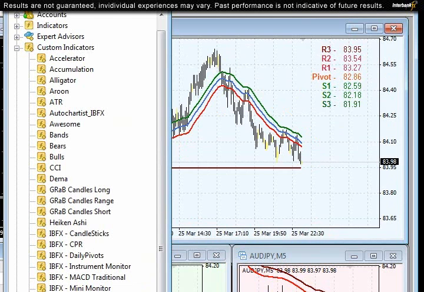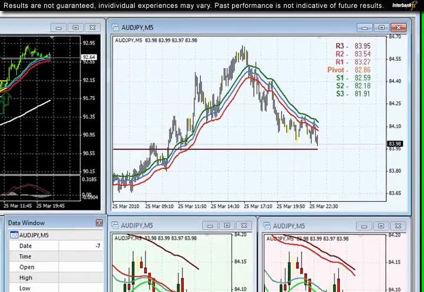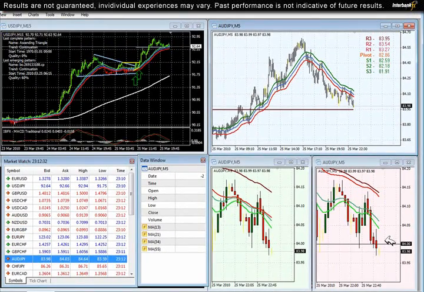Psychological levels, again, I can be aware of these simple numbers, the 00, the 50, the 20, and the 80 pip levels. Same with my moving averages. I'm not making any difficult decisions about where they are. They're right there overlaid on the chart. That is the entry. Very simple, right? So that's how you get into the market. That's the process. So let's transition over to trade management, to risk management.